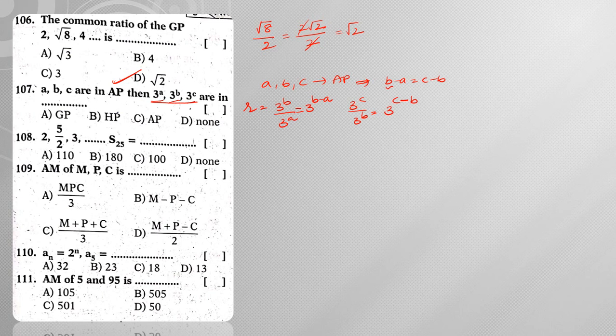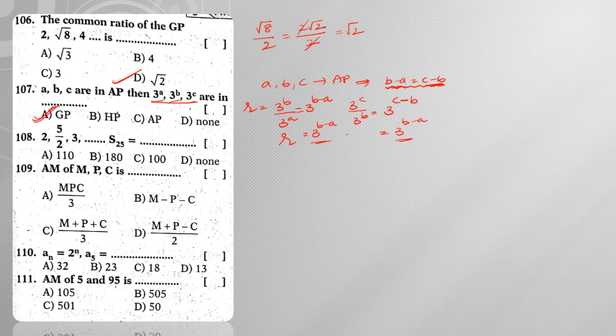Since A, B, C are in AP, instead of C minus B I can write B minus A. So this is 3 power (B minus A), and this is also 3 power (B minus A). Based on this, the common ratio is equal now. Both have the same common ratio. From this, what can I say? These are in GP.